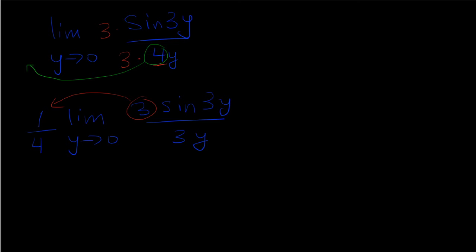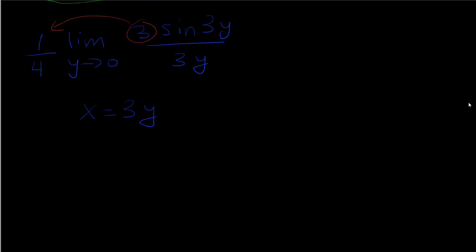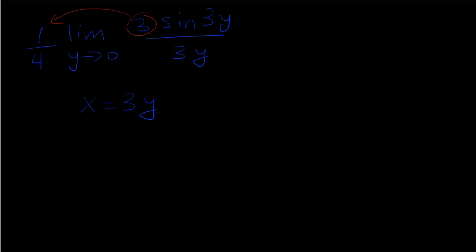And I can also make a substitution and say, well, let x equal 3y. So as y approaches 0, x will approach 3 times 0, which is just 0.